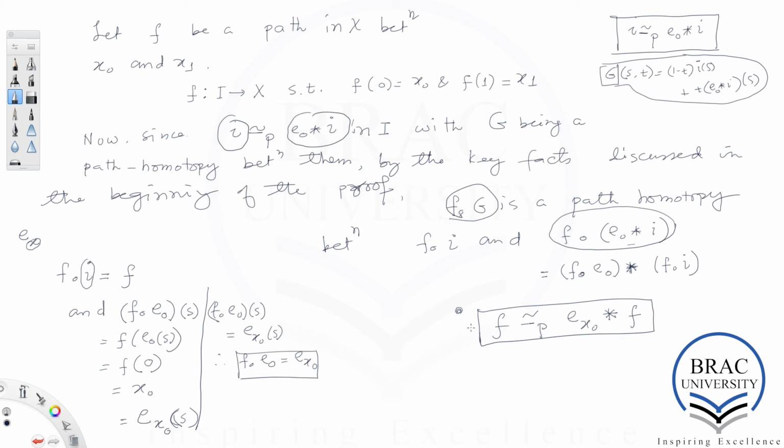Okay, so now using the well-definedness of the product between two paths in the respective homotopy classes of paths that we have discussed earlier, that if you have two homotopy classes of paths and take the product, then the resulting class will be the class of the product of the respective paths.